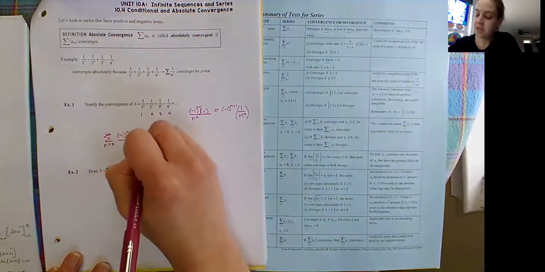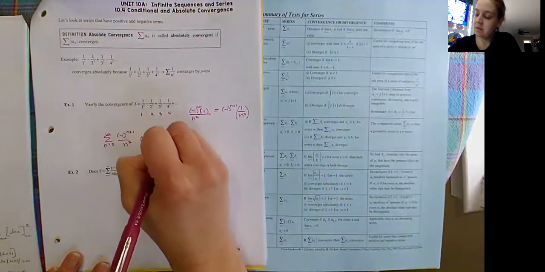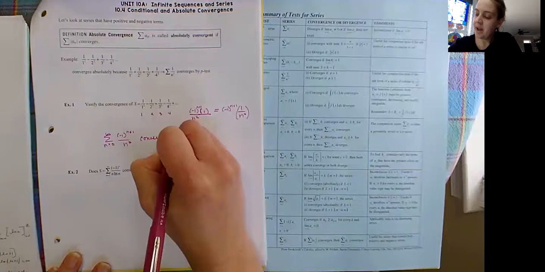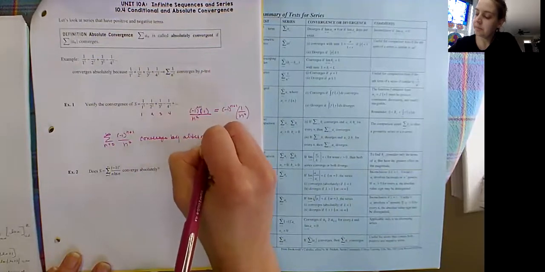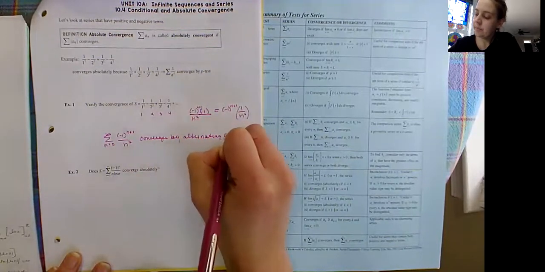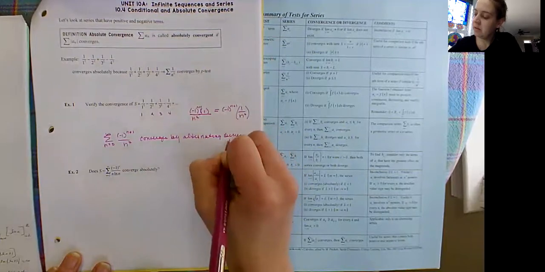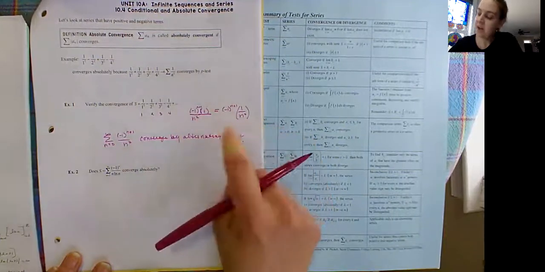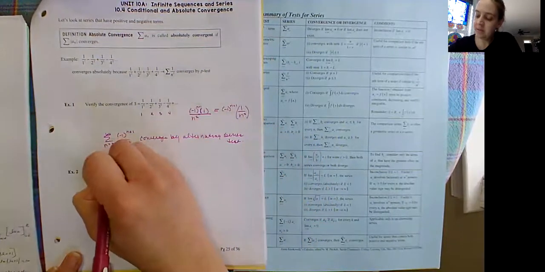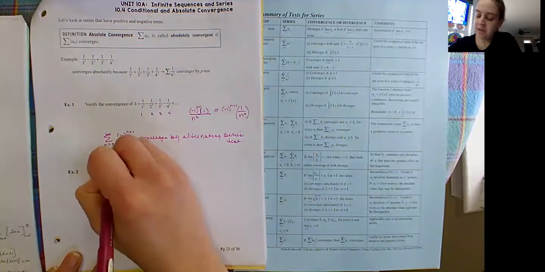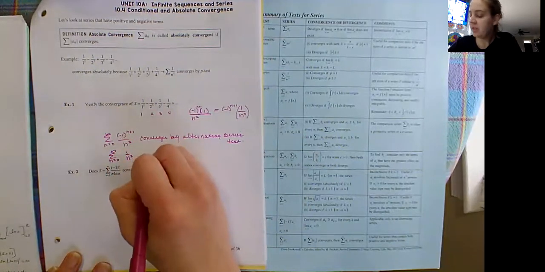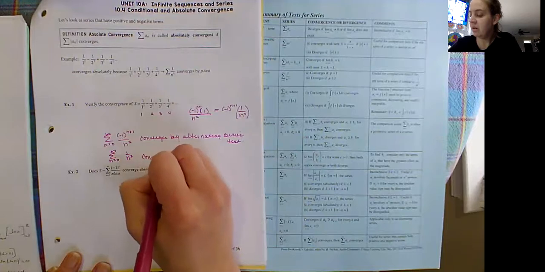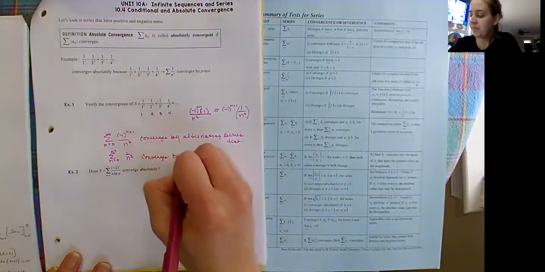So this converges by the alternating series test, which is on the next page. Now, if I look at just the positive piece, the sum from n equals 0 to infinity of 1 over n squared, this one converges by the p-test.